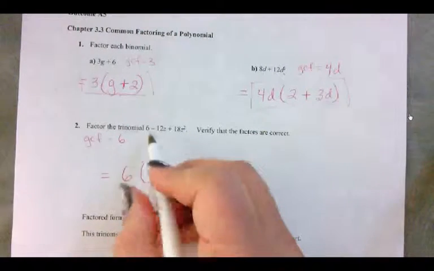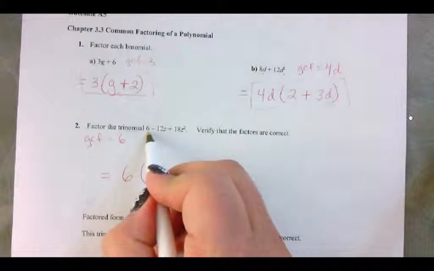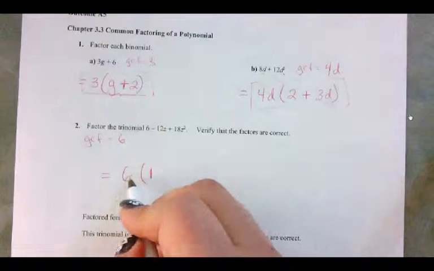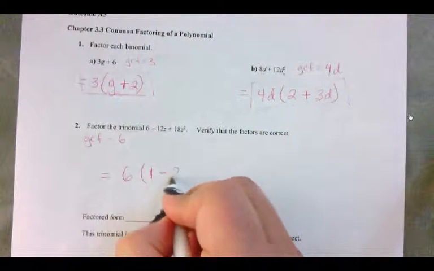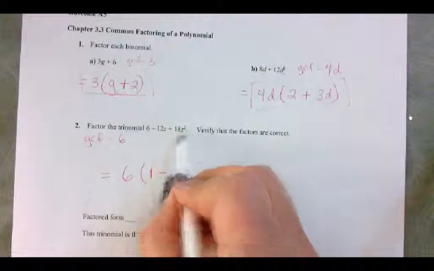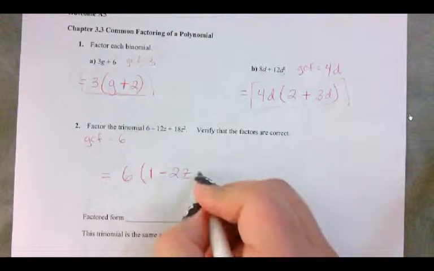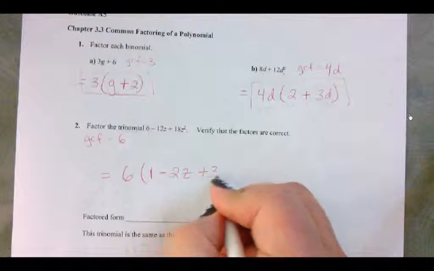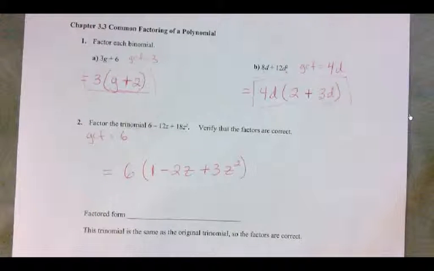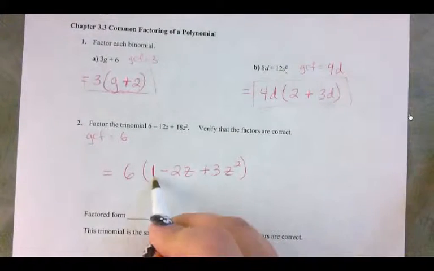So what's left now? What's 6 divided by 6? 1. What is negative 12Z divided by 6? And then what is plus 18Z squared divided by 6? Plus 3Z squared. All right, now we're going to look at what's in the bracket.